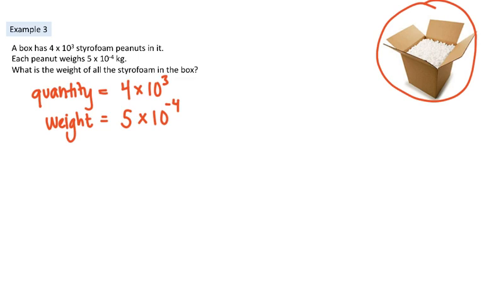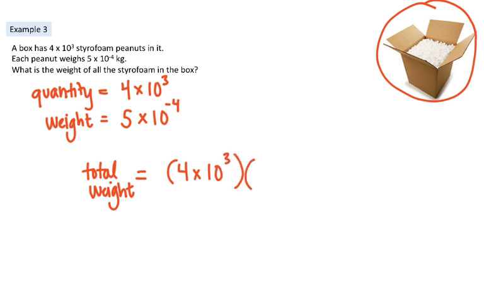But we want the weight of all of them put together. Okay? So you can just say the total weight will be their product. It's the quantity, 4 times 10 to the 3, a lot of these peanuts, and each one weighs 5 times 10 to the -4. So we'll see the total weight. Again, you want to combine like terms.